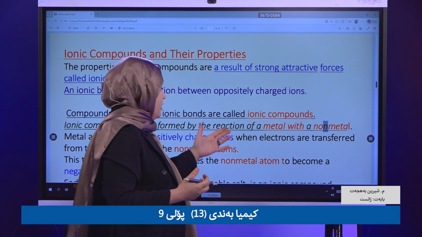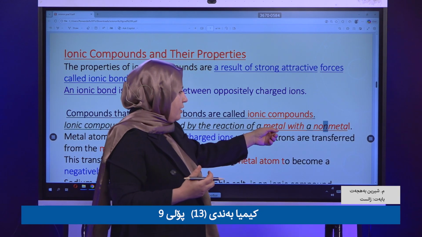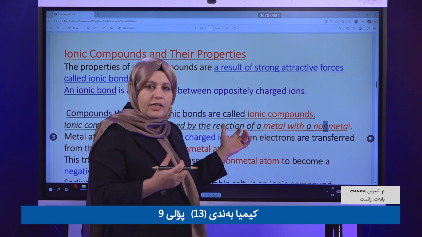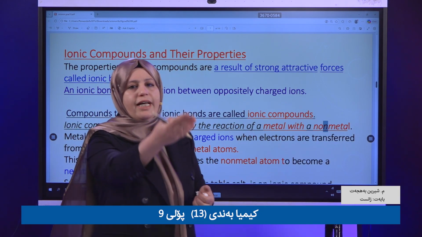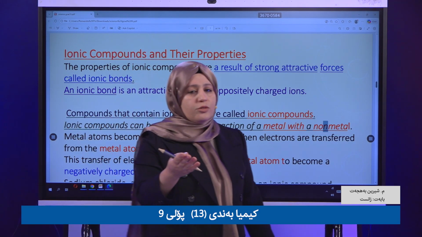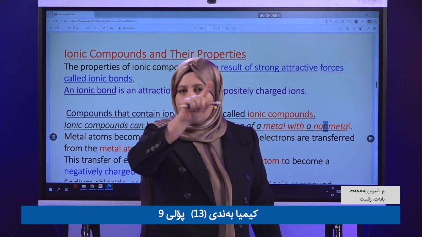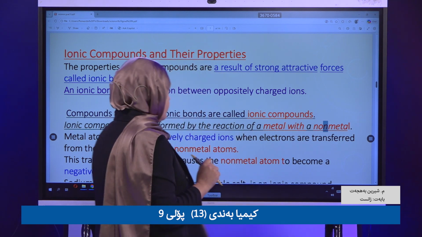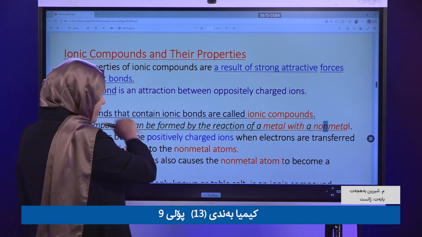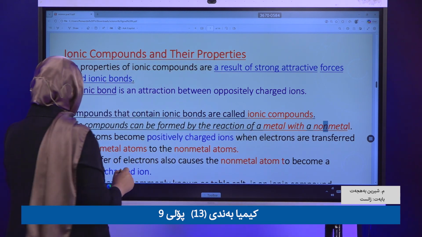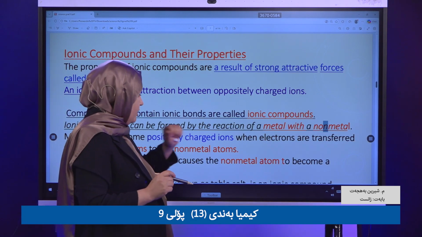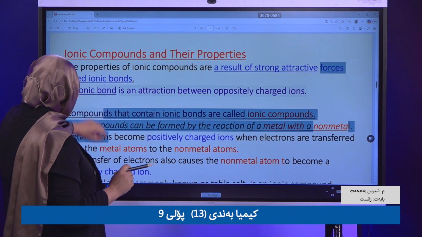It's the same with metal, it has a positive charge. Why? Because it always gives electrons. Which kind of electron? Valence electrons, which are present at the last level of the atom, when electrons are transferred from the metal to the non-metal atoms.